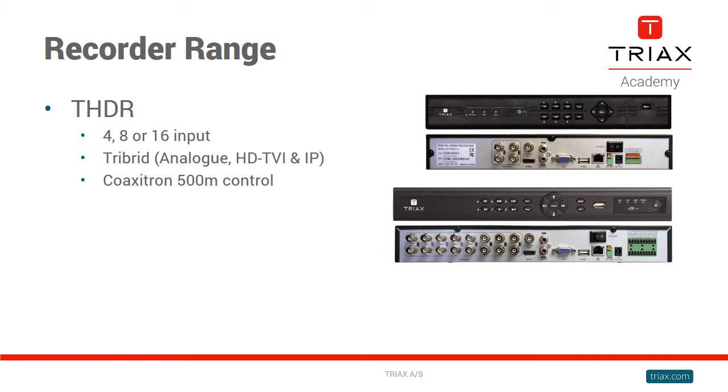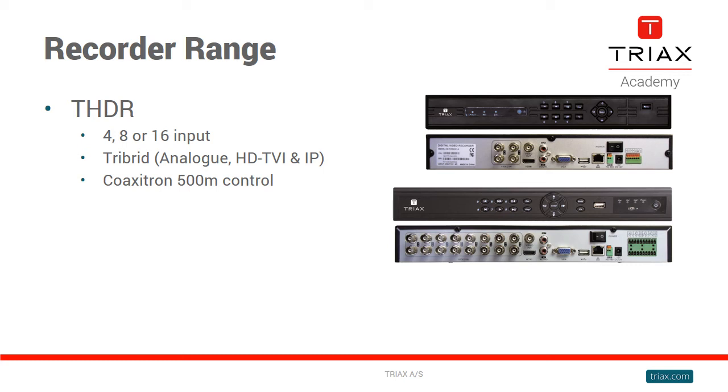These are called THDR. The THDR comes in 3 versions, ranging from the THDR4, with 4 inputs, to the THDR8 and up to THDR16, with 16 inputs. The THDR range is tri-brid.